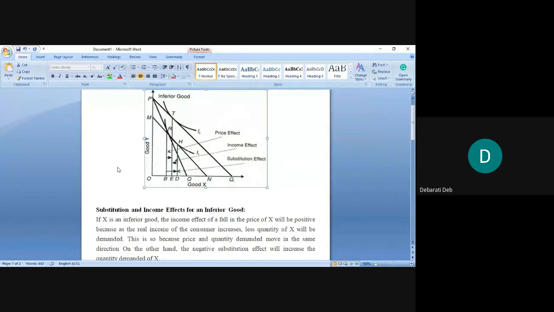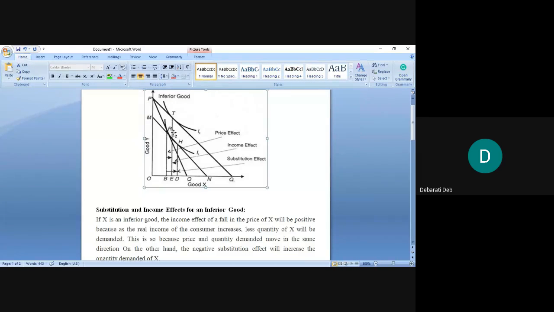So the budget line is shifting from PQ to PQ1 due to the fall in the price of good X. When the budget line shifts only on the horizontal axis, the new budget line PQ1 becomes tangent to a higher indifference curve I2 at the point T. So this movement from R to T is nothing but your price effect.